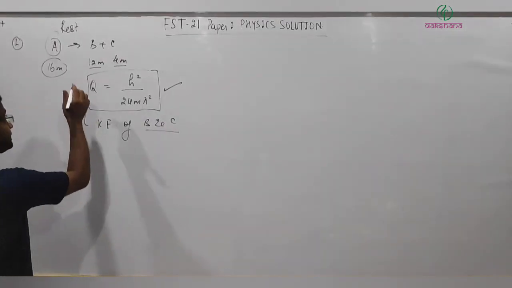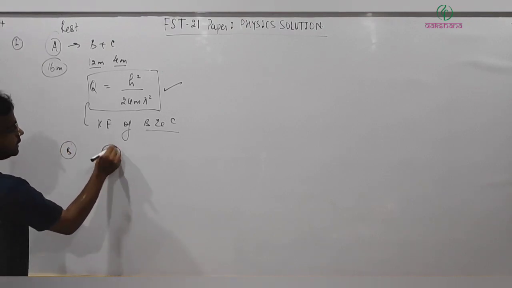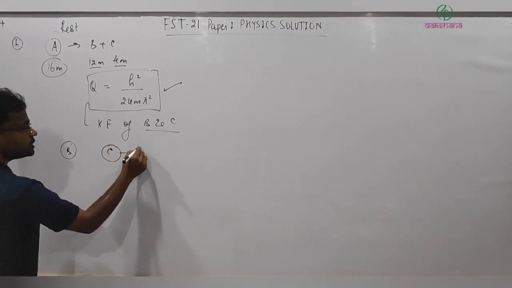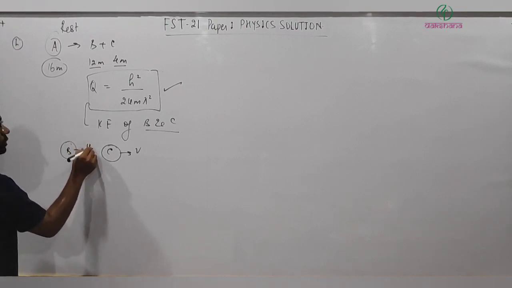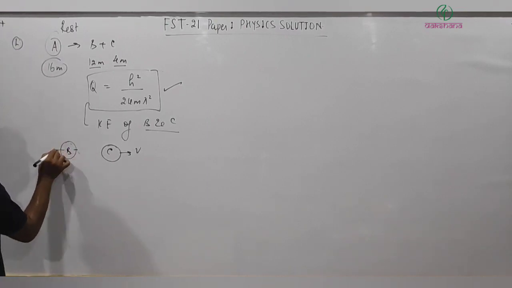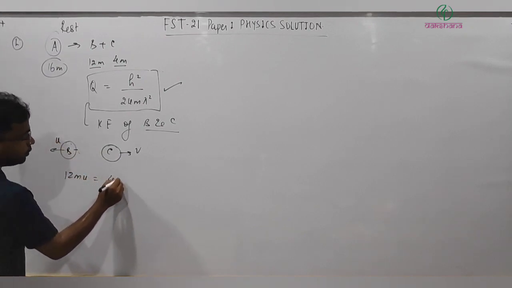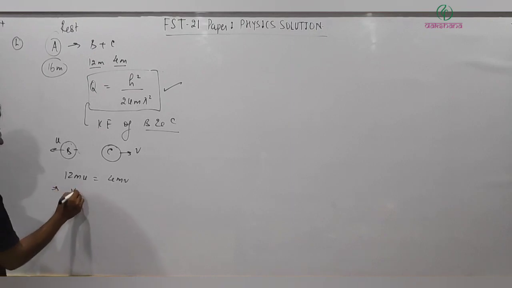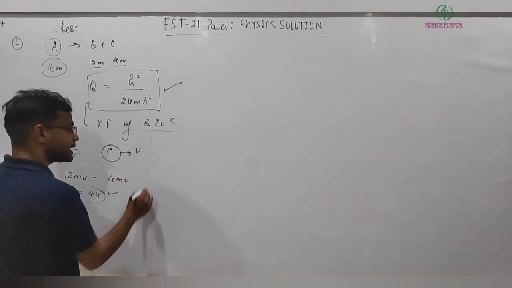Let's say the velocity of B is V and the velocity of C is U. By conservation of linear momentum, I can write 12mu must be equal to 4mv, and this implies V must be equal to 4u. So one relation we got. Another is conservation of kinetic energy.